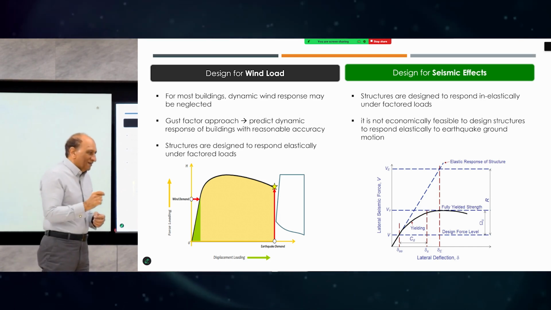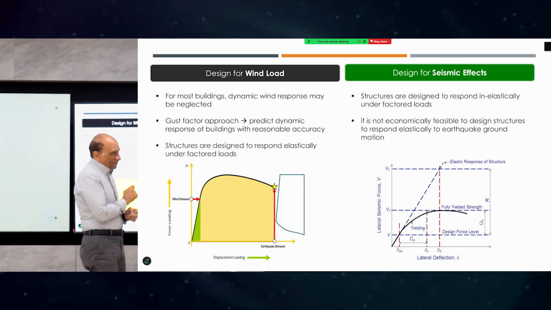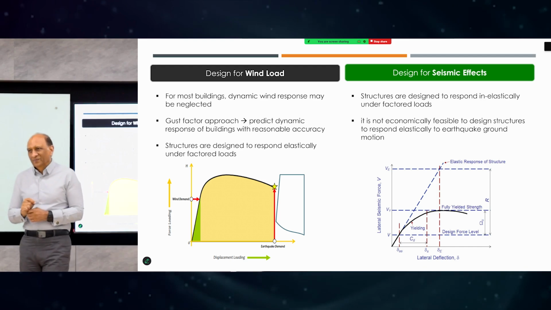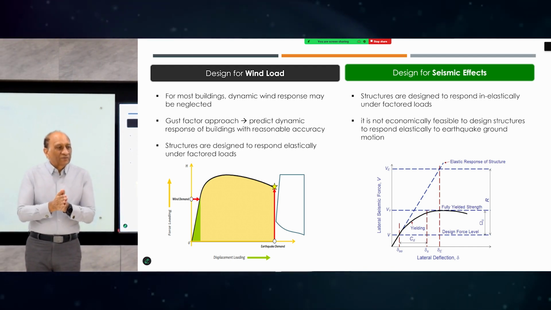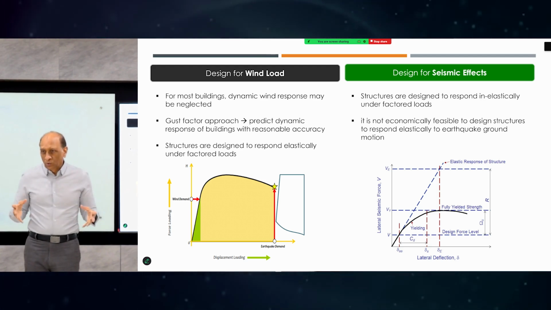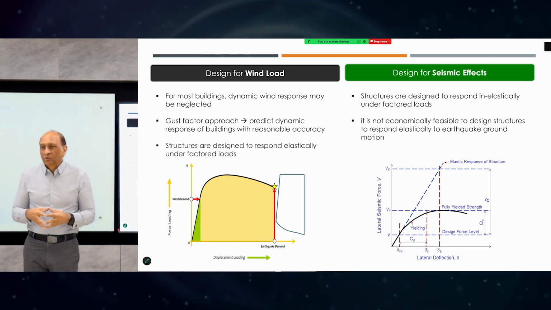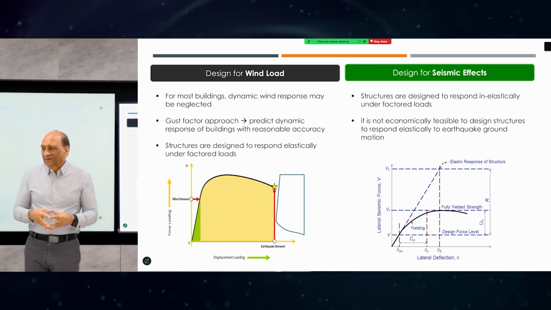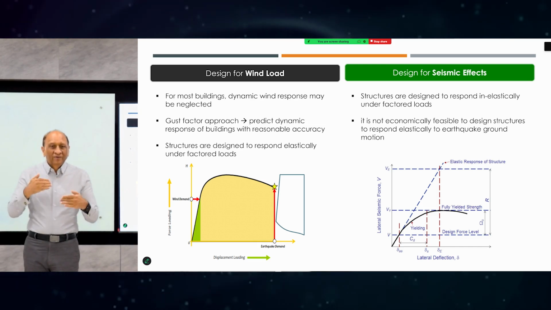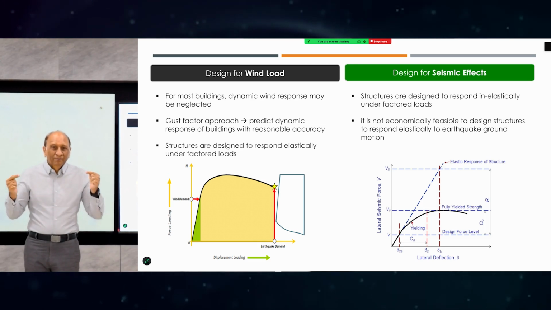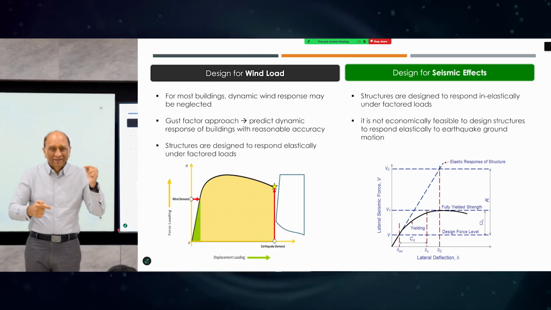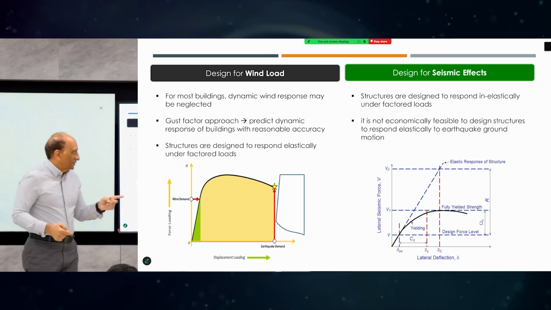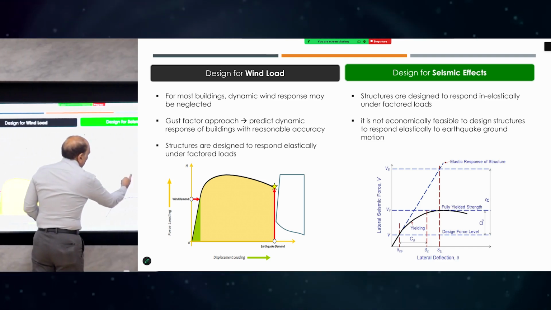Now, this is another interesting point which I think most engineers do not understand. Most engineers think that if my country or my zone is not a seismic zone, I don't need to worry about earthquake design, or wind will govern, because they are comparing the elastic to elastic. They're not comparing with the ductile force.